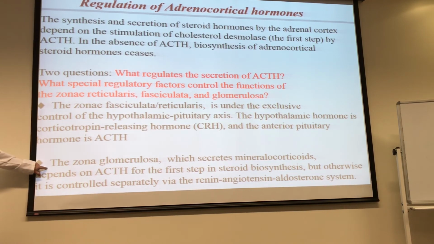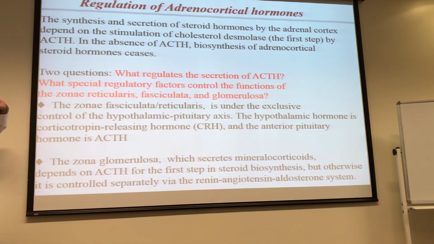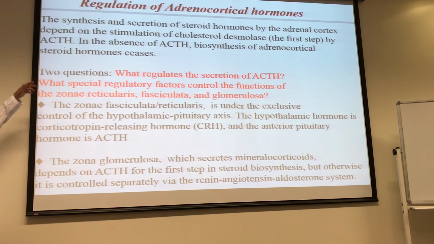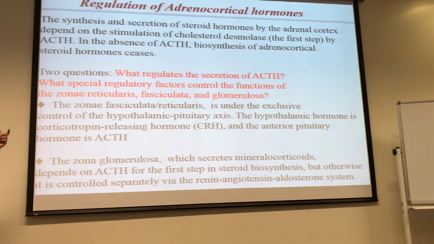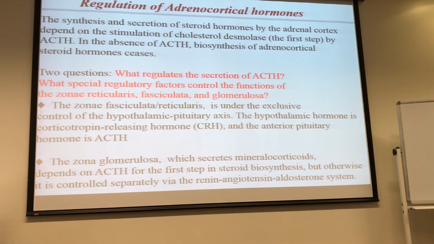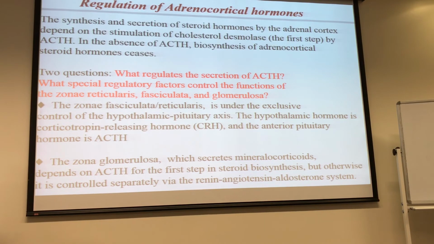In terms of zona glomerulosa, although the first step of synthesis, cholesterol desmolase, is the same, that is the only step where ACTH has a little bit of role in the synthesis of aldosterone. The major control of synthesis of aldosterone is mainly the renin-angiotensin system.